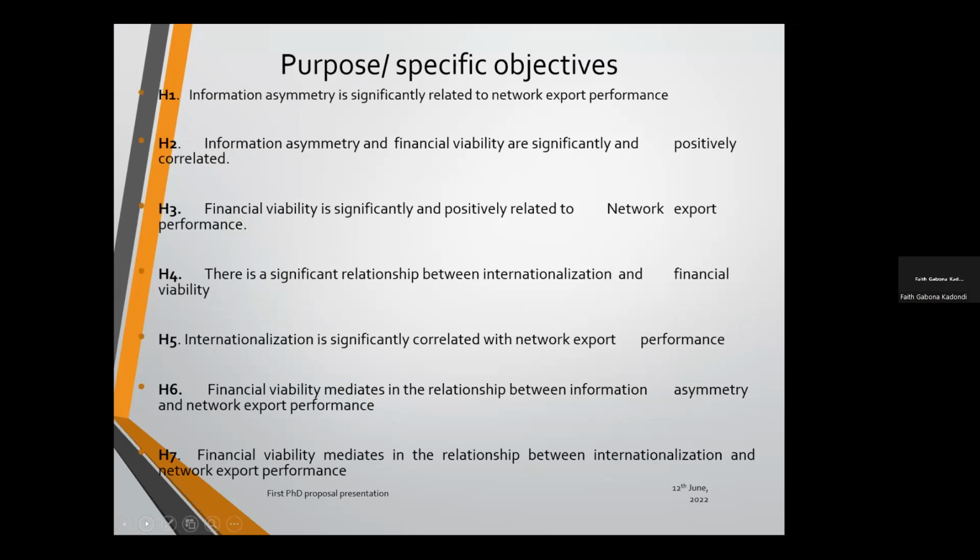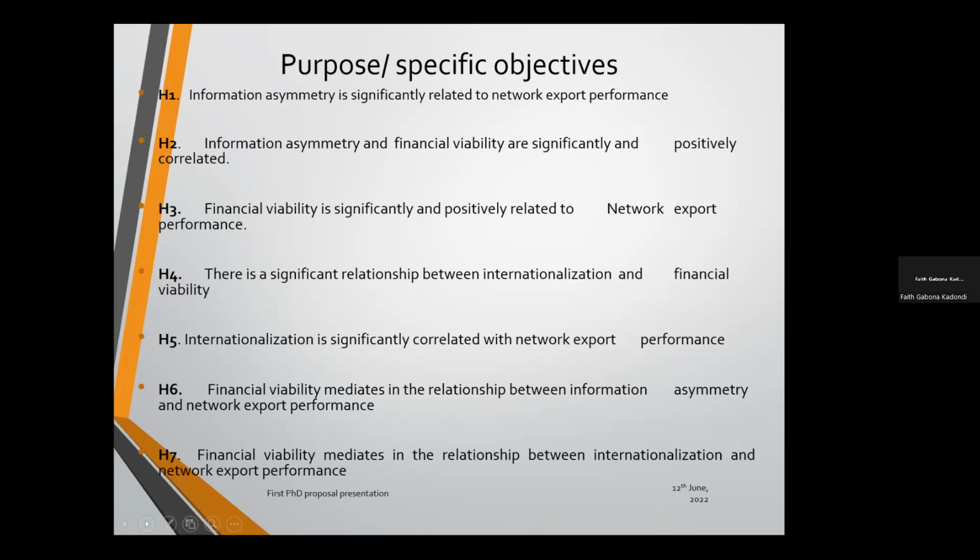Hypothesis 1, as explained earlier, indicates that information asymmetry is significantly related to network export performance. Hypothesis 2 indicates that information asymmetry and financial viability are significantly and positively correlated. Hypothesis 3 indicates that financial viability is significantly and positively related to network export performance.